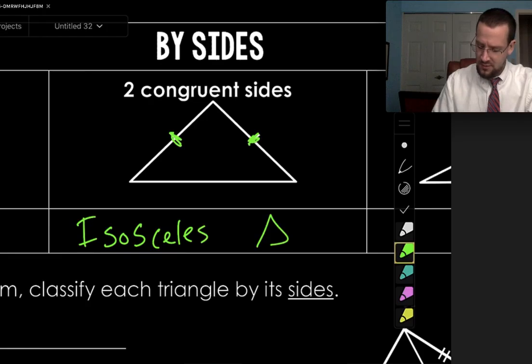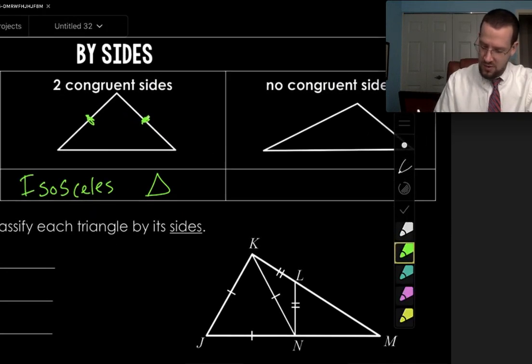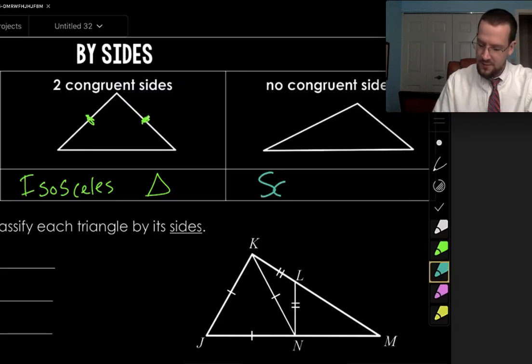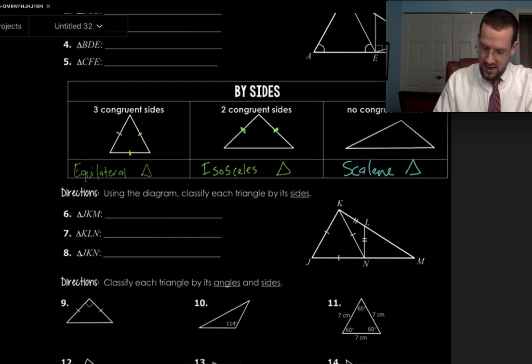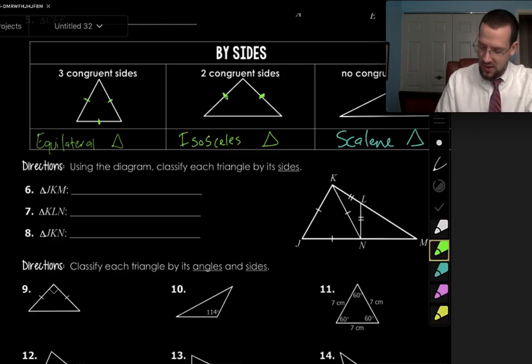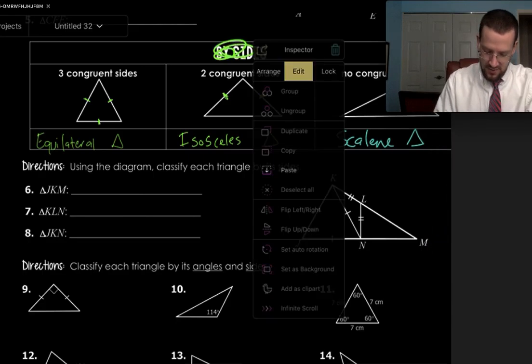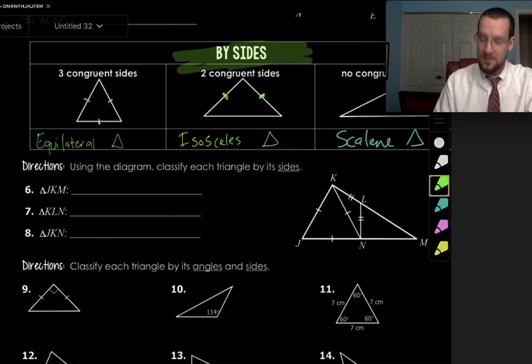And when there are no congruent sides, this is what we call a scalene triangle. Okay, so we have equilateral, isosceles, and scalene. And this is when we classify triangles by their sides. First we did it by their angles, and now we're looking at it by their sides.